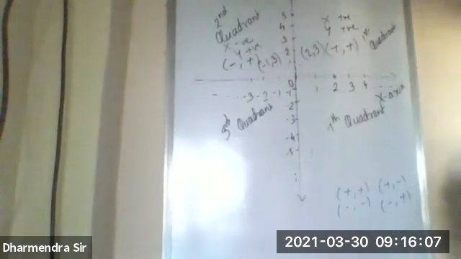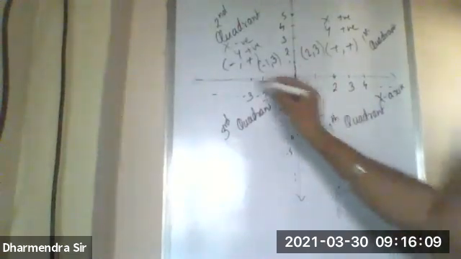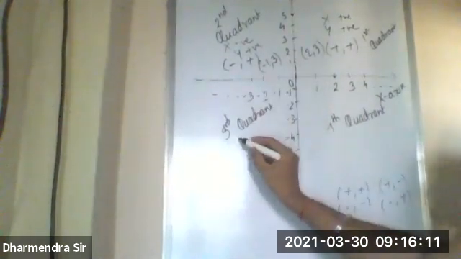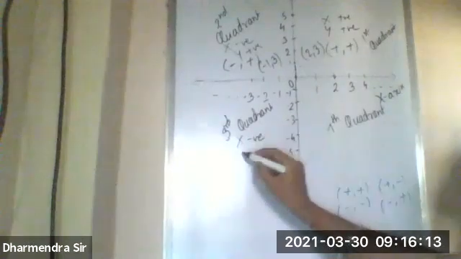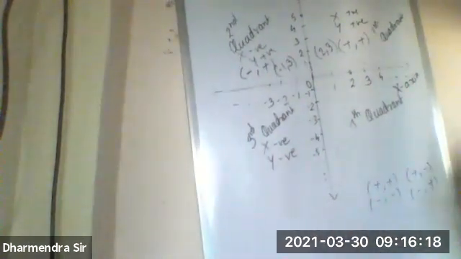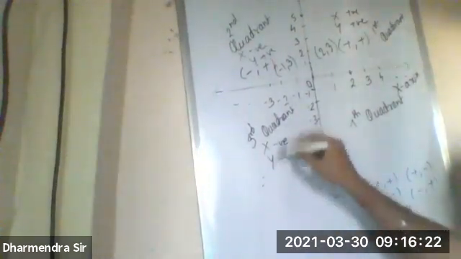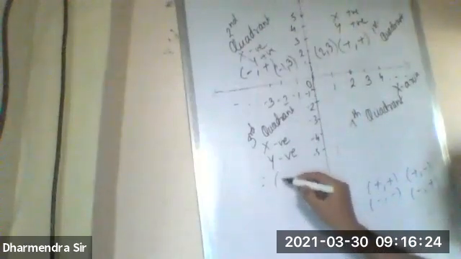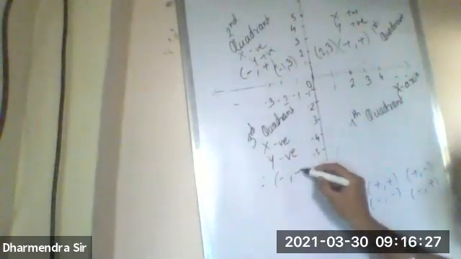In the third quadrant we can see x is negative, y is negative. So here points will be of the form minus comma minus.